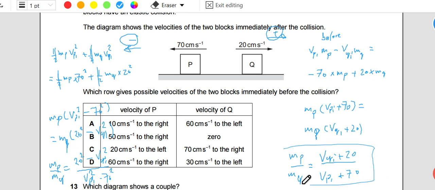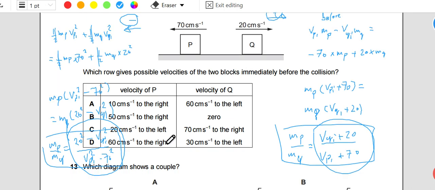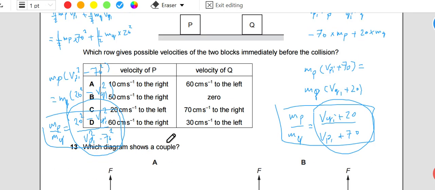If we equate this part of the equation with this part, because both of them are equal to MB over MQ, we can make an elimination. If we take the minus sign as a common factor here, we have (VQI squared minus 20 squared) over (VBI squared minus 70 squared).